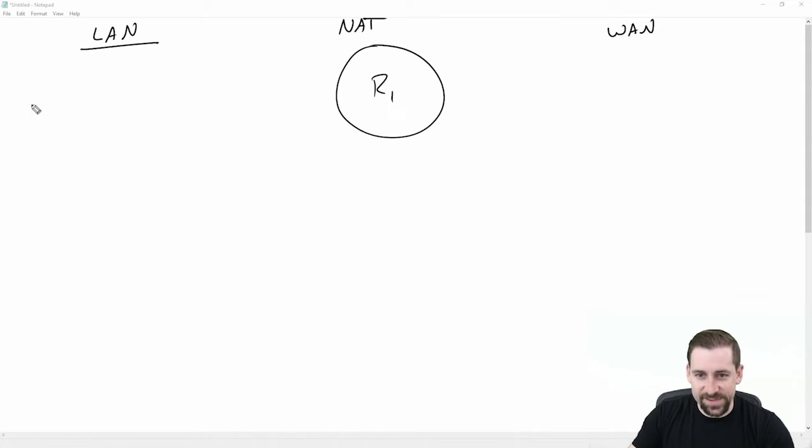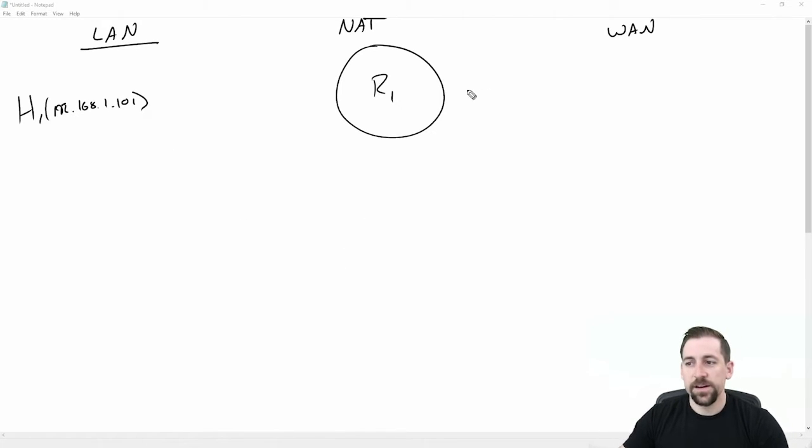And so what happens is H1 has an IP address, 192.168.1.101, and R1 has, first of all, an IP address here, right?